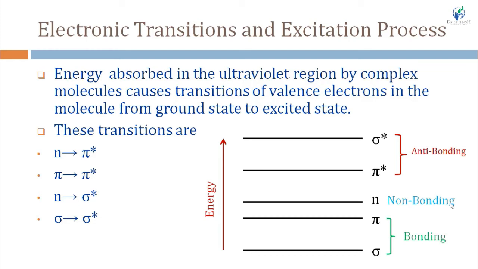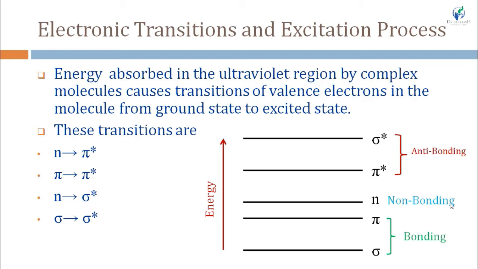Bonding and anti-bonding are the reverse of each other, meaning when any bond breaks, the electron goes from bonding to anti-bonding orbital.